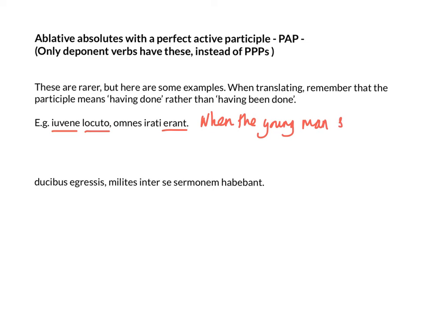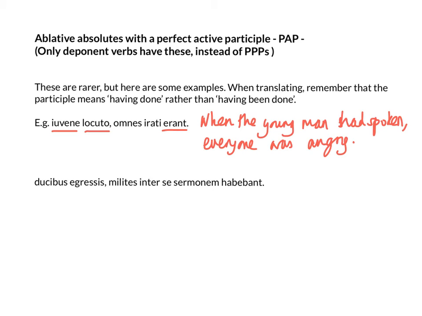Turn it into a main verb, and we'll write had spoken. I could just say spoke, but had spoken makes it clearer to the reader. So frankly, it's a better translation. And then to finish the sentence, everyone was angry. I suppose I could say all were angry. That means the same.